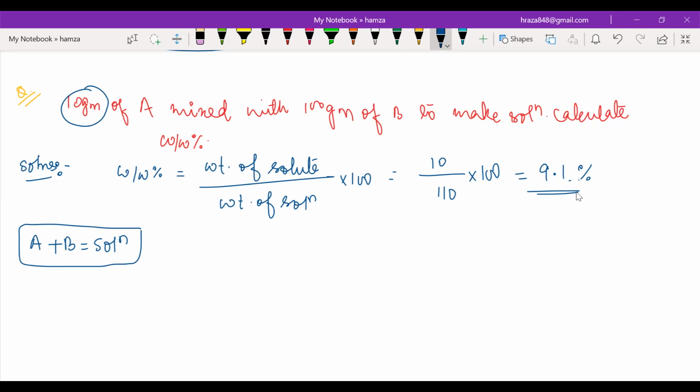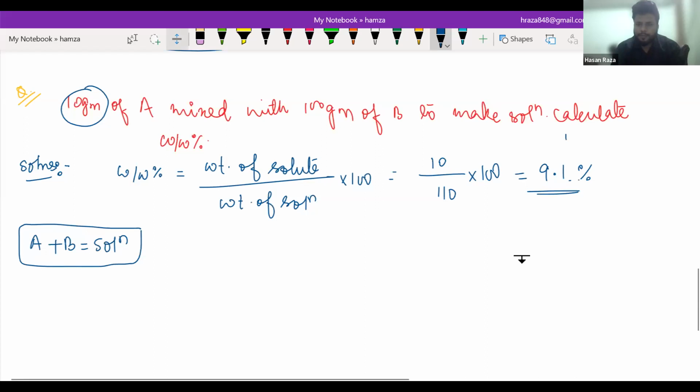Sir, could you please repeat what you just said? Up to which topic we had studied in the last class, the first class basically. Mole fraction. Okay, after 10 minutes it will be started. Then we will do some questions on mole fraction and we'll move to next topic, which is molarity.